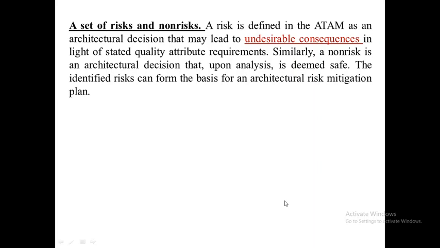For example, if you are going on a bike at 120 kilometers per hour, triple riding, 120 kilometers per hour on a normal road, not even a highway, normal street roads, city roads. Is it risk or safe? Yes, definitely it is risk.